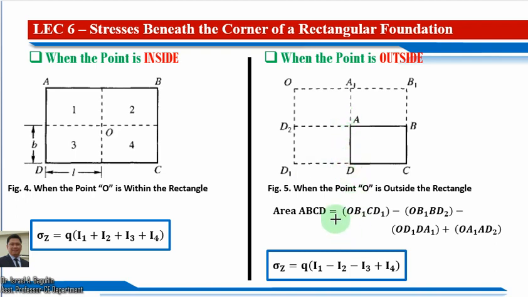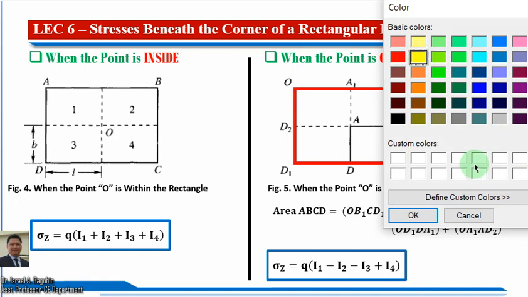So for our formula, the area ABCD is equal to OB1CD1, so we are actually referring to this area, minus OB1BD2. So this area is referring again to this one.